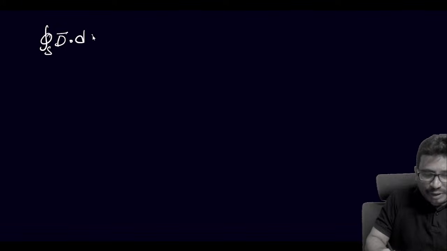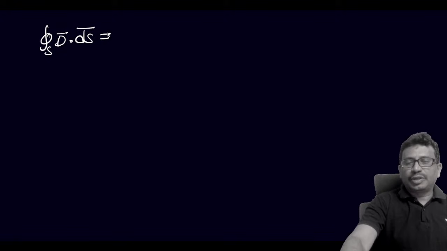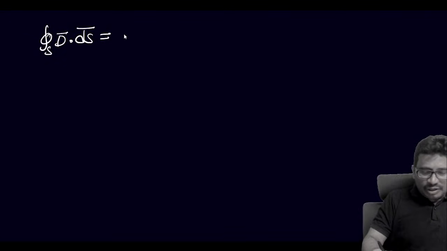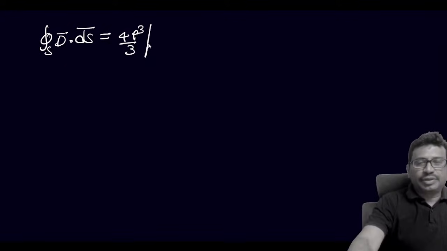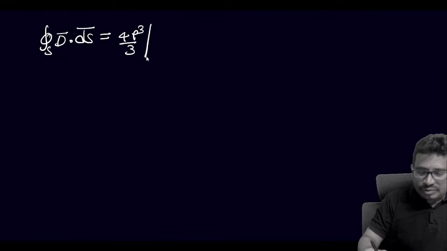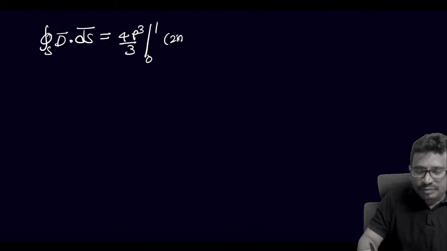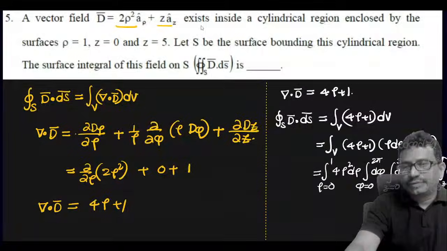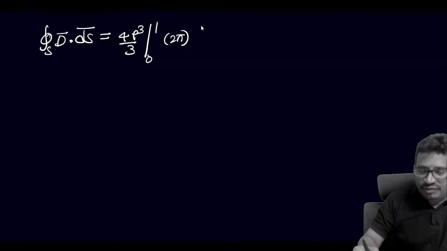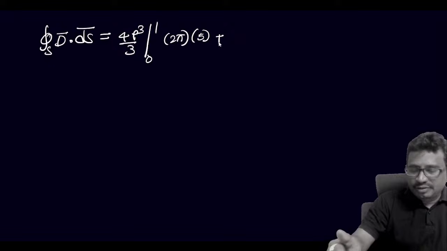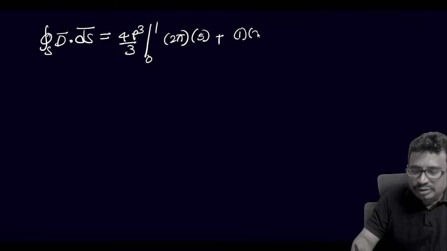D bar dot dS will come to be what? Integration of 4 rho square will come as 4 rho cube by 3. Rho limits are 0 to 1. Next the phi term, that is 2 pi, and z from 0 to 5, so this value 5 will come. Plus, this is rho, this is 1, this is 2 pi, and this is 5.